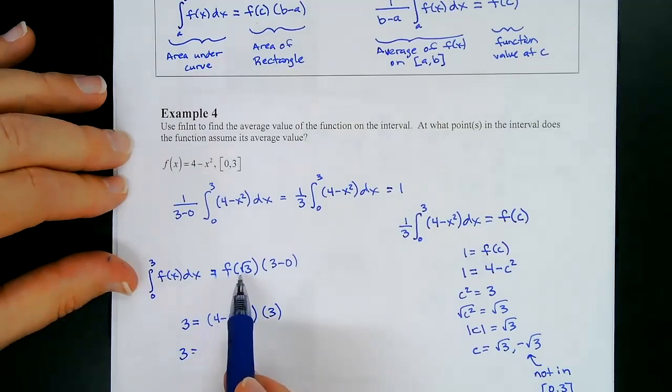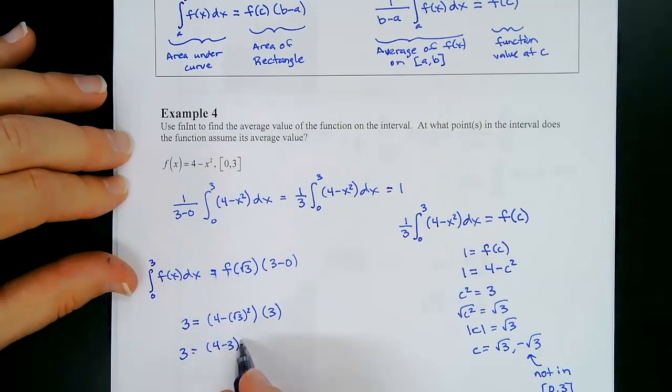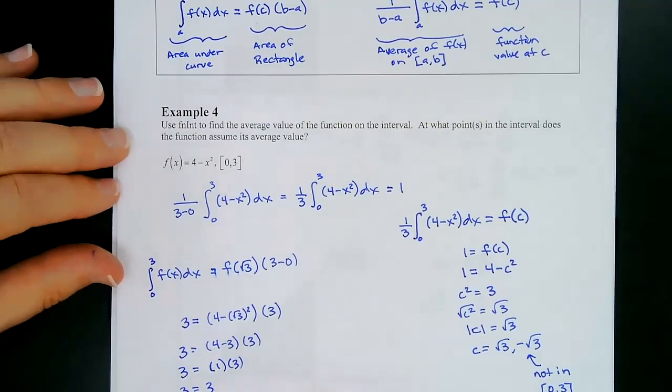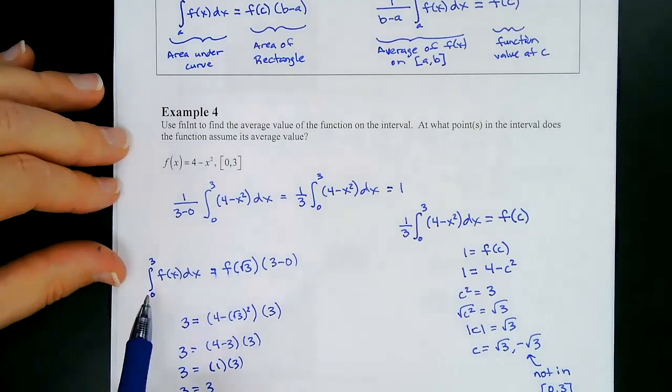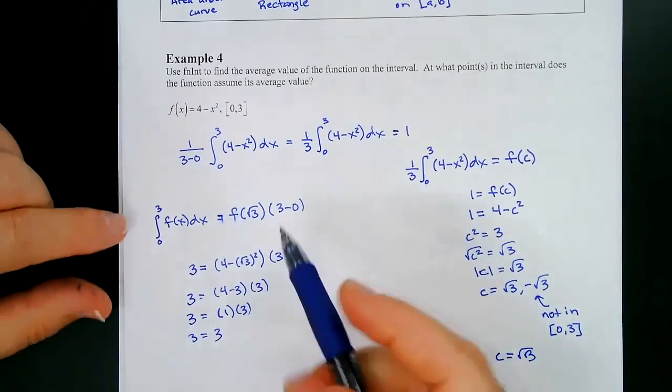And so the area of this rectangle would be 4 minus 3 times 3. Whoa, 4 minus 3 is 1, times 3. See, we get 3 equals 3. So the area of this rectangle and the area under the curve are the same, okay?